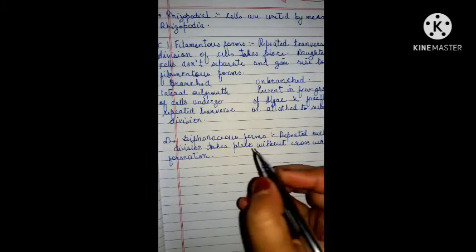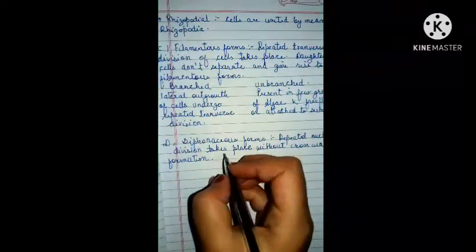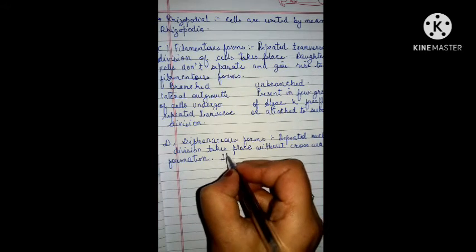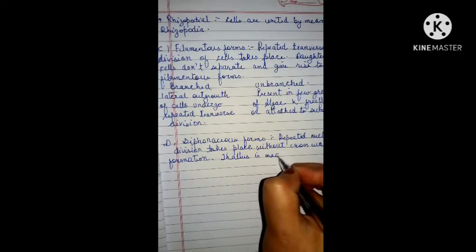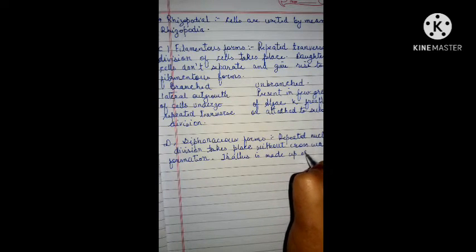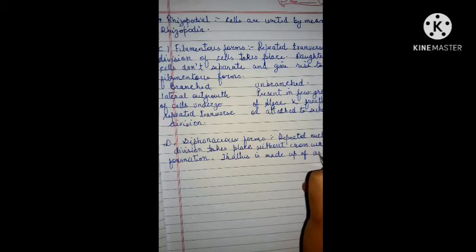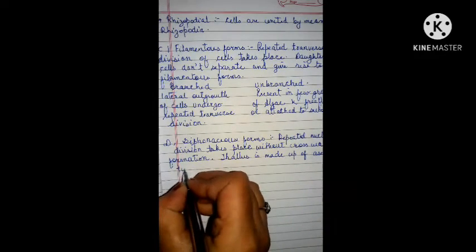And here the thallus is made up of aseptate tubular filaments.